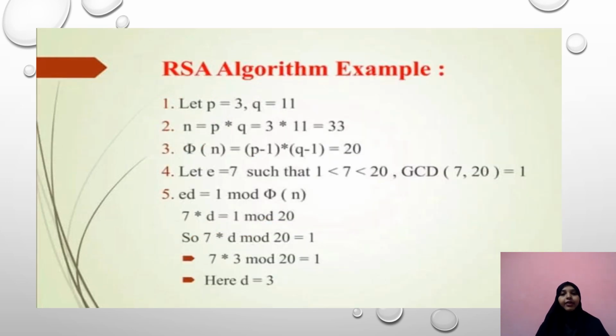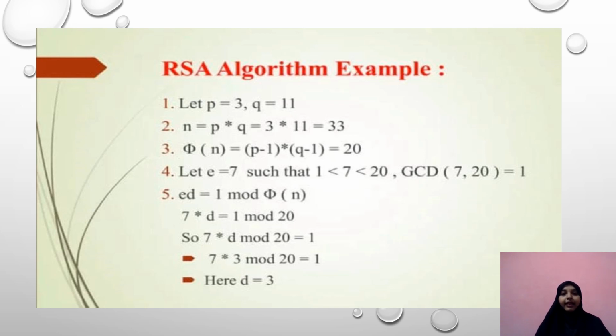Now let's have a look at an example of the RSA algorithm. So let P is equal to 3, Q is equal to 11. So we have the formula n is equal to P star Q, that is 3 into 11, that is 33.